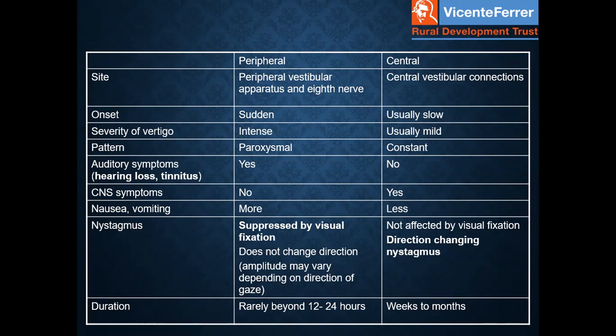Apart from vestibular signs, associated findings will be there in central vestibular lesions. Only vestibular signs will be there in peripheral vestibular lesions. That is the most important thing while examining and interpreting the findings.